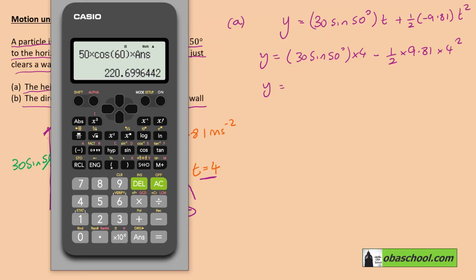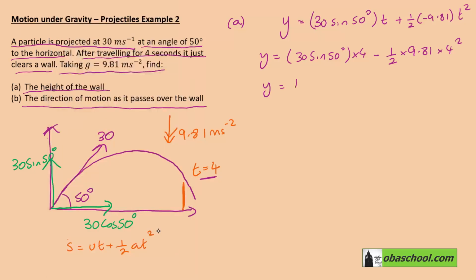So we've got 30 times sine 50 times 4, take away 0.5 times 9.81 times 16, which gives me 13.4 meters, correct to 1 decimal place.